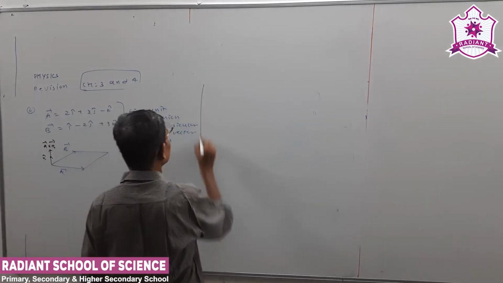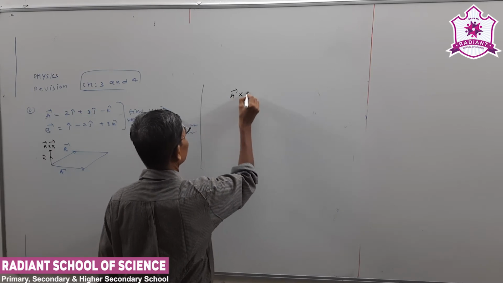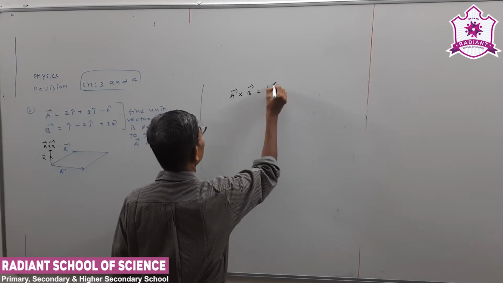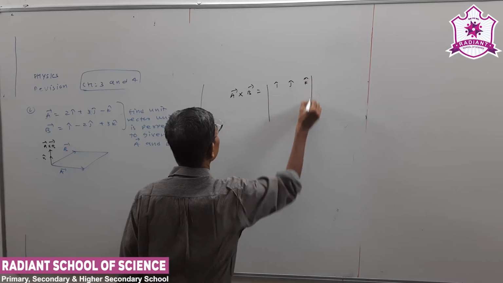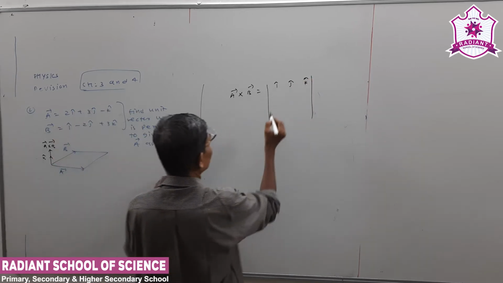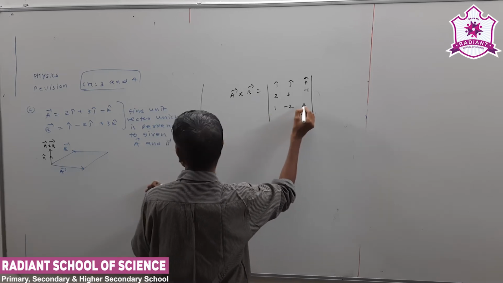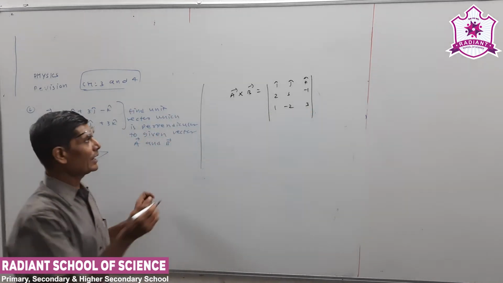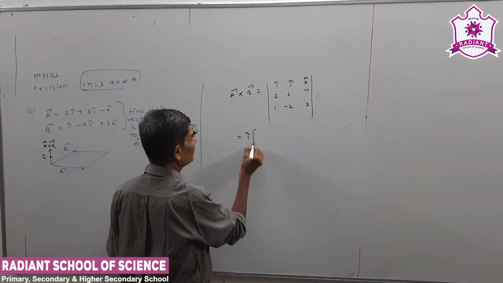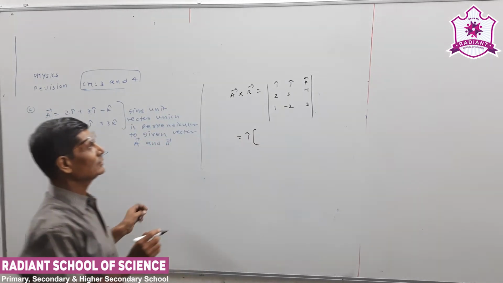So now we find the vector product A cross B, using i, j and k. What are the coefficients? 2, 3 and minus 1, then 1, minus 2 and 2. Now A cross B we have to find out. See, there is a right diagonal.